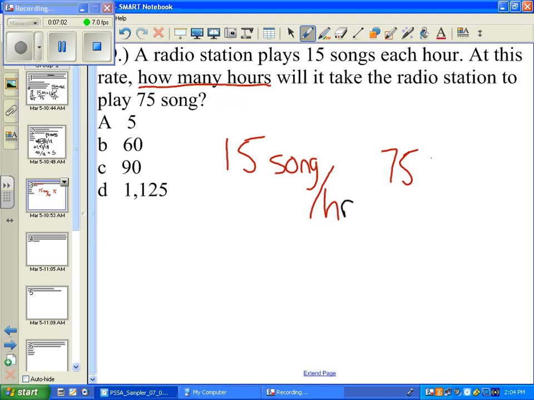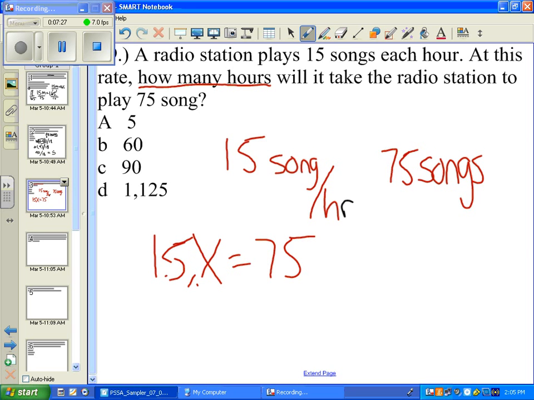We have 75 songs. So we have 15 times x. How many hours will it take to do equals 75?